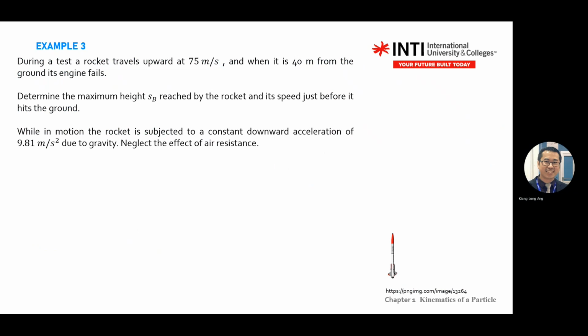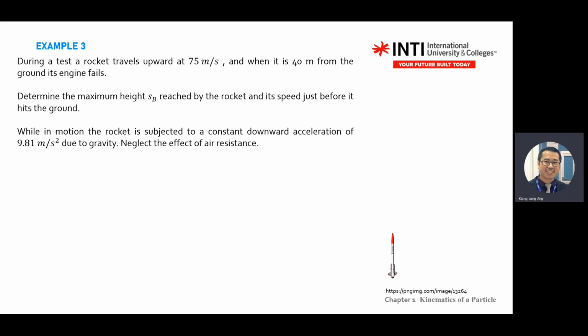Next, we look at not projectile, but a rocket problem. So when it comes to final exam, sometimes you need to know how to draw the motion. So this is the final exam standard or your test 1, test 2 standard.